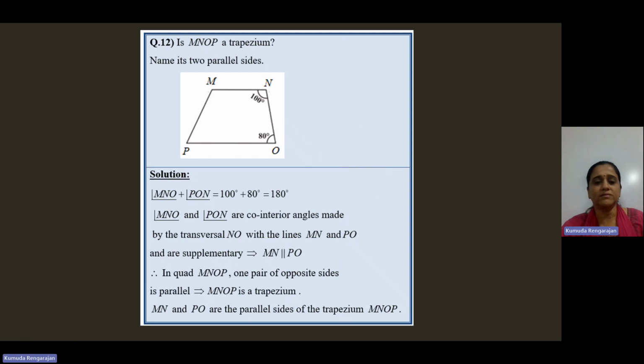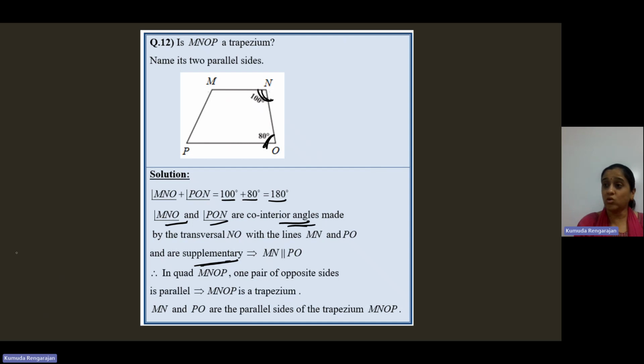So how should you present it? First, you must add and check if it's 180. It is 180. Now you should justify. Angle MNO and PON are co-interior angles. Not only are they co-interior angles, they are also supplementary.